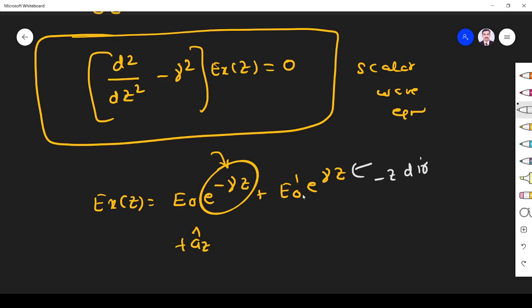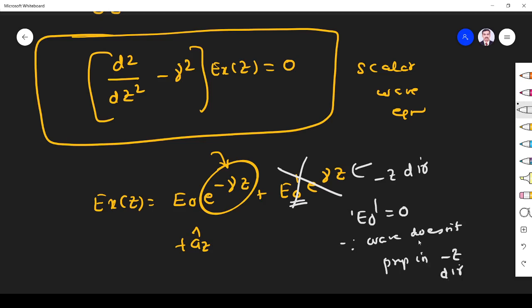So what is the electric field? E0 dash is the magnitude of the electric field at that point. Since our wave is propagating in plus z, we cannot have an electric field in minus z. So E0 dash is equal to 0 because the wave doesn't propagate in minus z direction. My wave is propagating in plus z direction, given by e power minus gamma z.